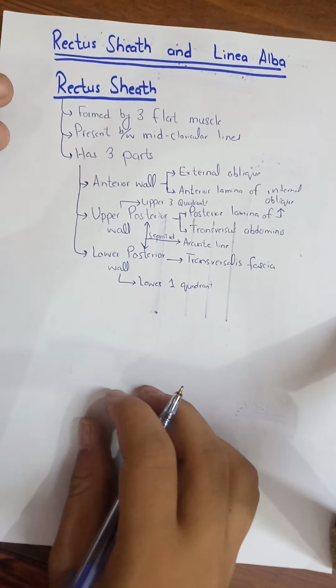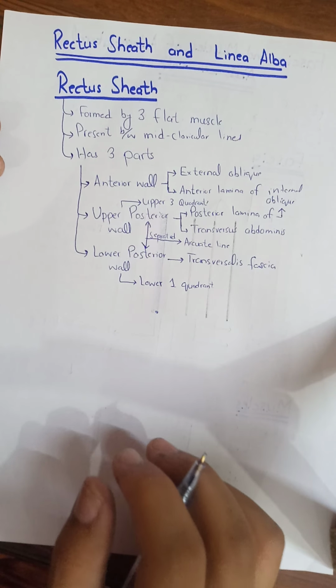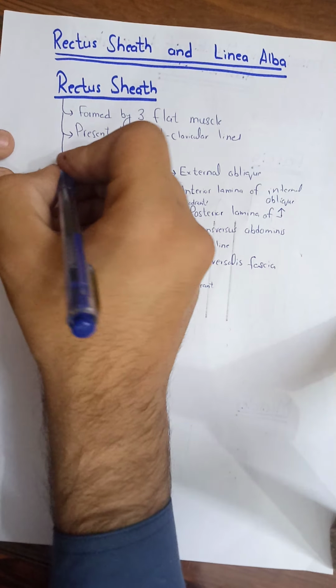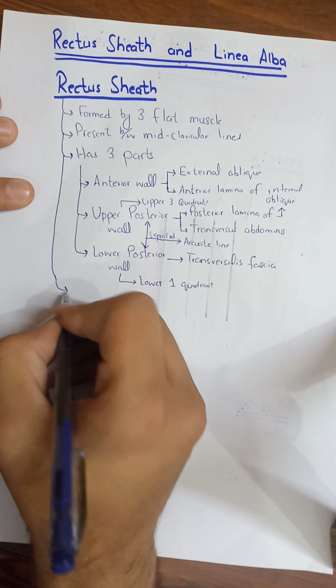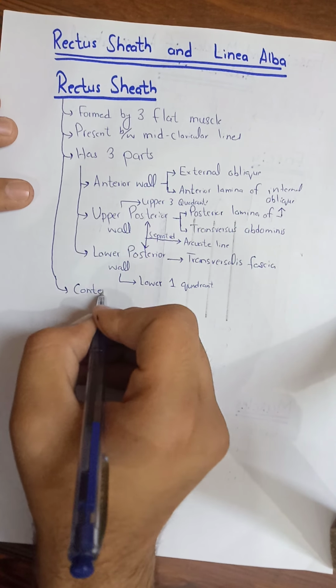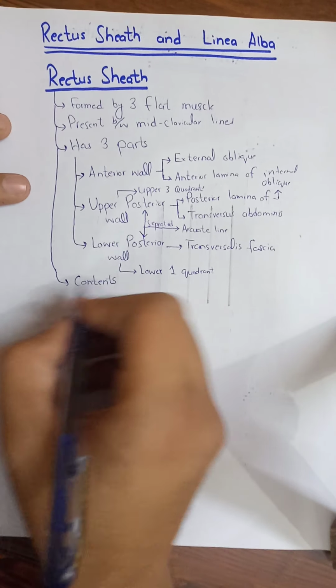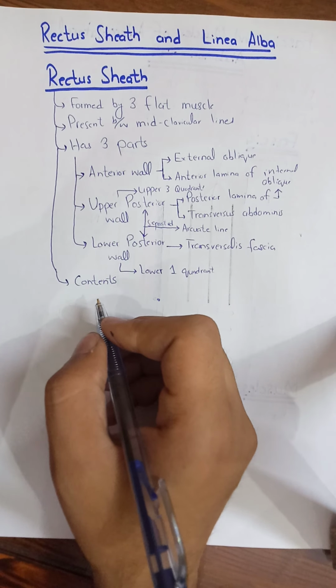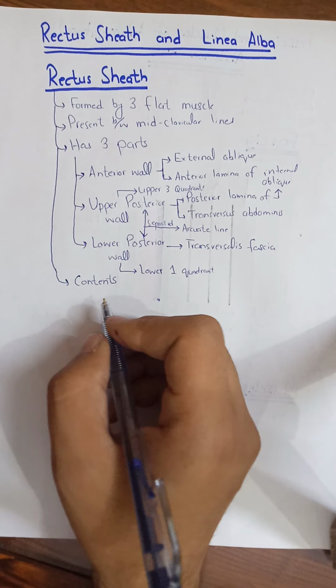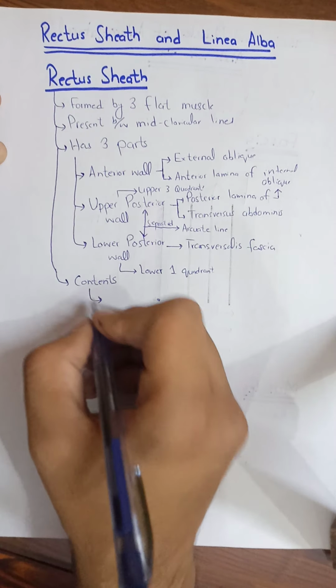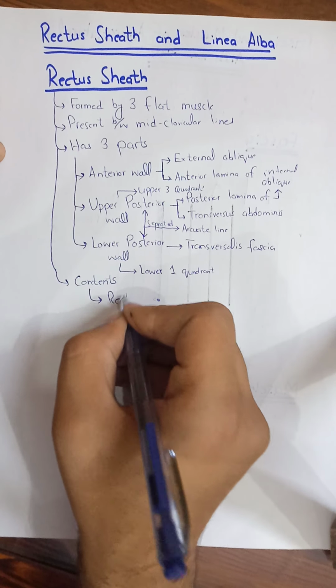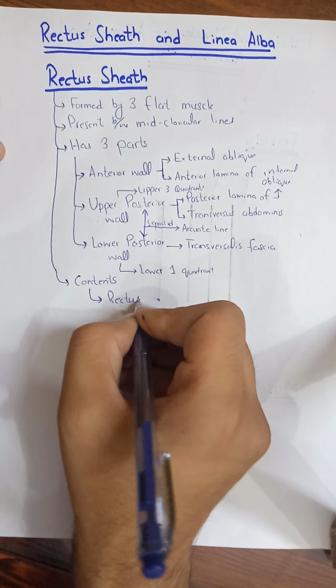So now we have seen the three parts of this rectus sheath, and we will move towards the contents of the rectus sheath. Contents means the structures present beneath it, posterior to it, or inside it. These contents include the rectus abdominis muscle, as its name indicates, behind the rectus sheath.